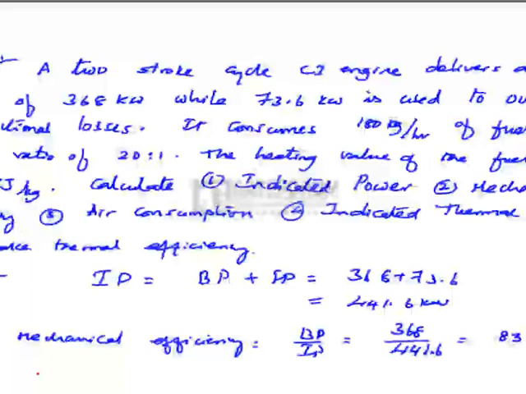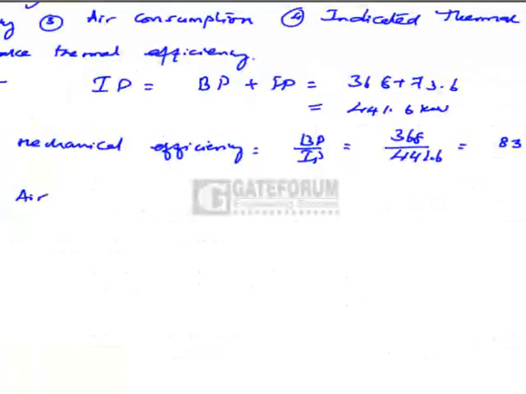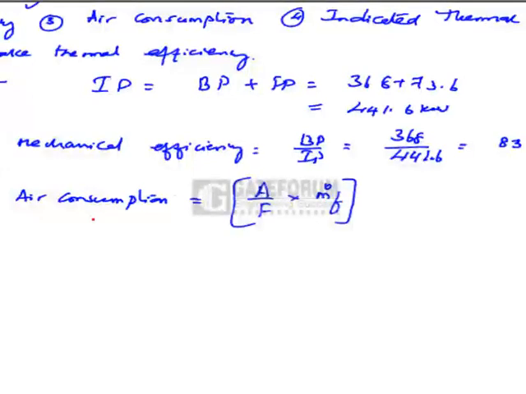Now coming to the second, that is air consumption rate. Air fuel ratio into mass consumption rate of the fuel gives the air consumption rate, that is the amount of air consumed by the engine per minute.